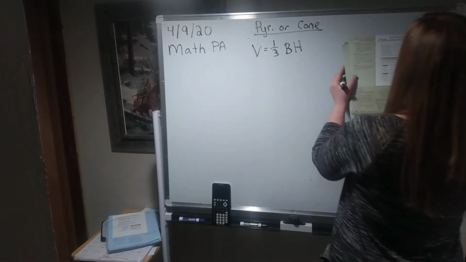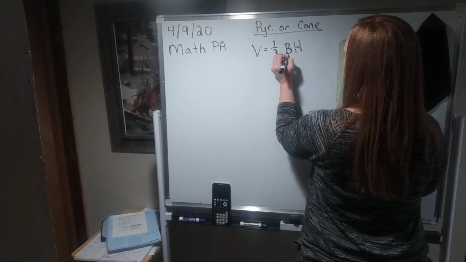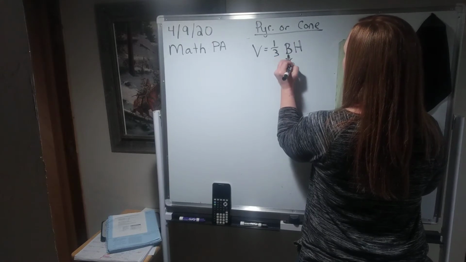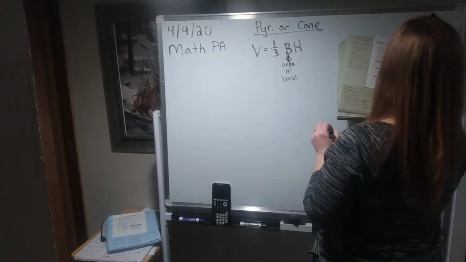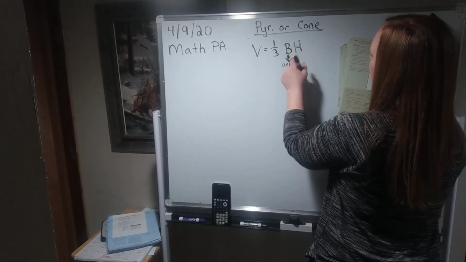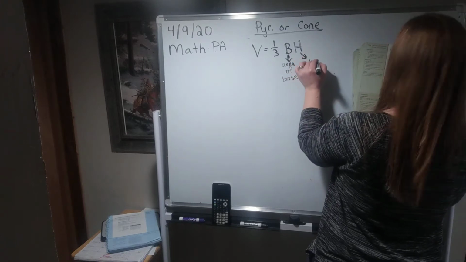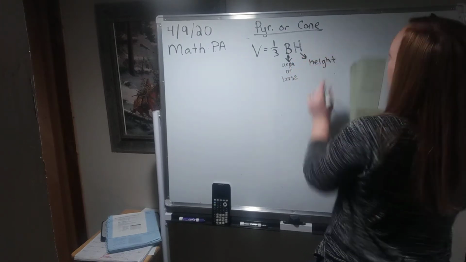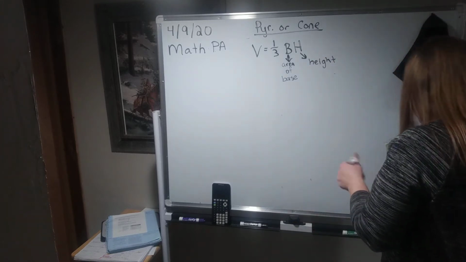B is the area of the base. And then the height, of course, of the shape. Okay, so knowing that, let's move to example 1.